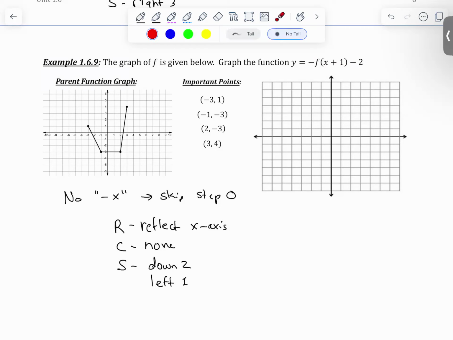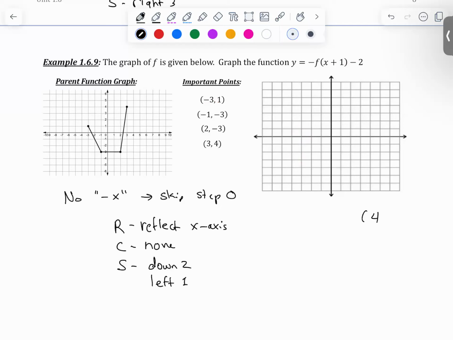So let's start off, we'll follow what happens to each point. (-3, 1) right there. First, it gets reflected across the x-axis to (-3, -1). Then it goes down 2, and then left 1 to the point (-4, -3).